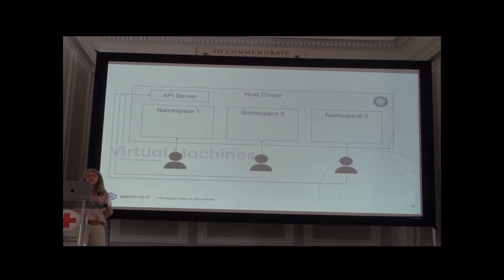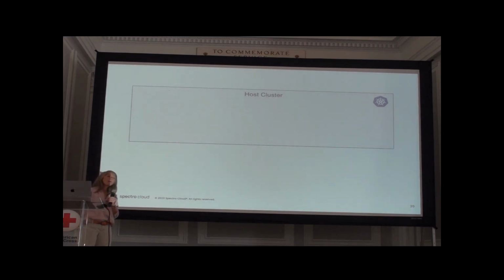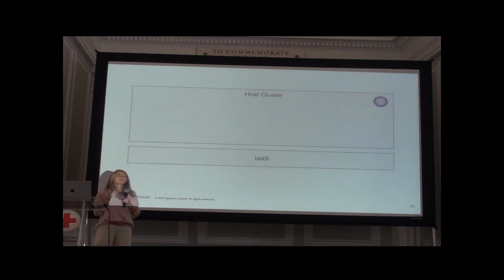So let's go back to our picture here, and let's get rid of those namespaces and look at a different element of that host cluster. In general, those host clusters are most often being run on infrastructure as a service.